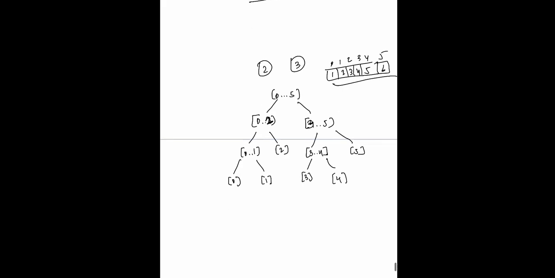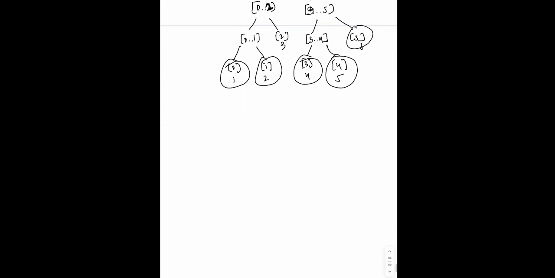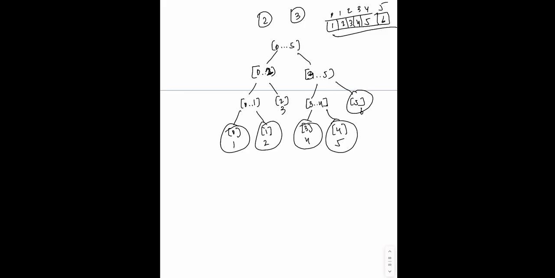So each node in this tree is basically representing a range. Now, for finding the maximum in a range, all the leaf nodes are the actual values, 4, 5, 6. For each merge operation, you just take the maximum of these two. If you're trying to find the sum, you take the sum of the children, right?